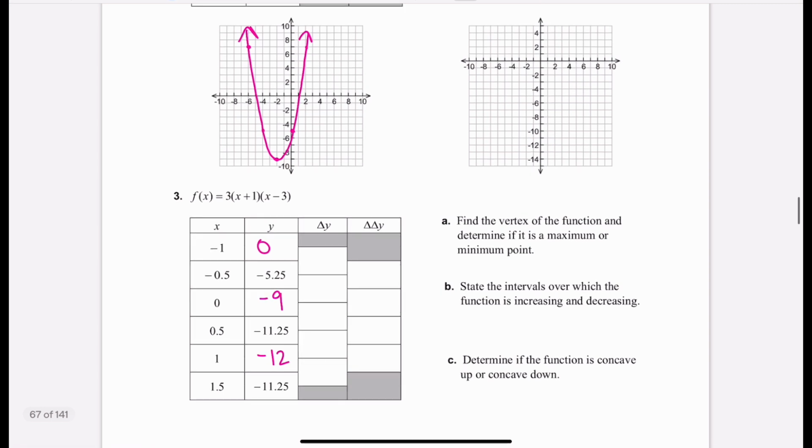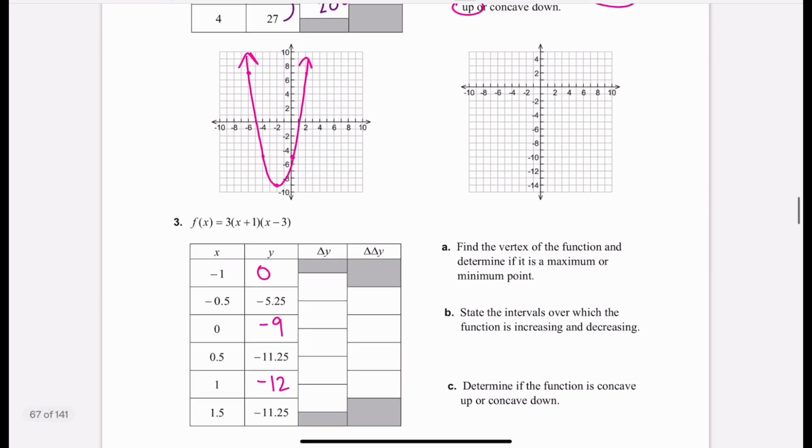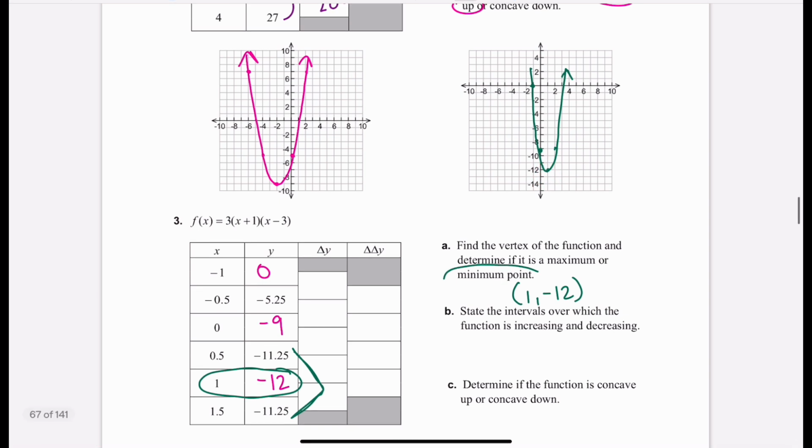I can plot these points at -1, 0. Since it reflects here, my vertex is going to be right in the middle at 1, -12. This is a minimum point. It's at the lowest spot on the graph. It is decreasing until I hit -12.